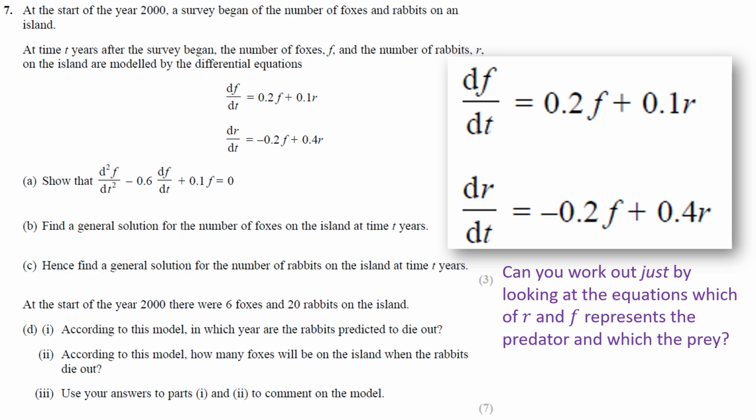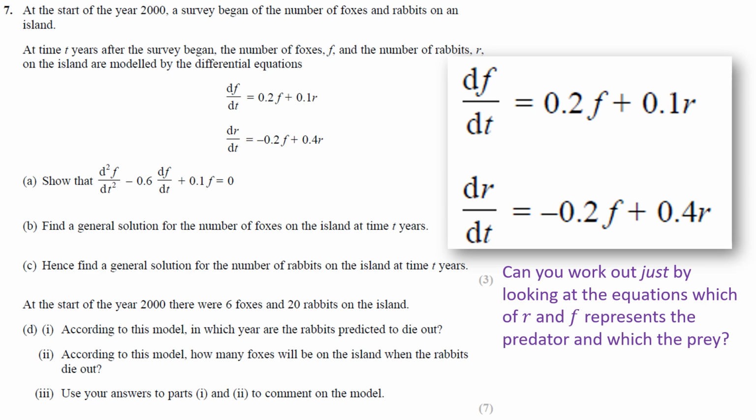That on its own, df by dt equals 0.2f, is the classic sort of exponential growth pattern that you would expect to see in an ecosystem where there were no limitations, let's say, on a population. However, we've also got the +1r, which suggests that the fox population will grow even faster if there's a large rabbit population. The number of rabbits affects the number of foxes.